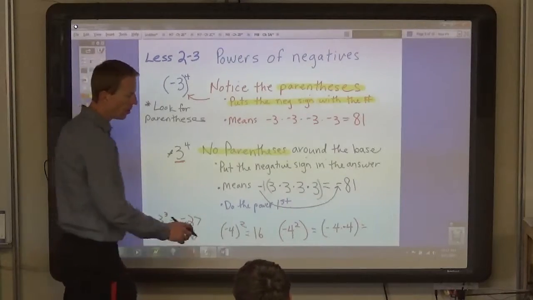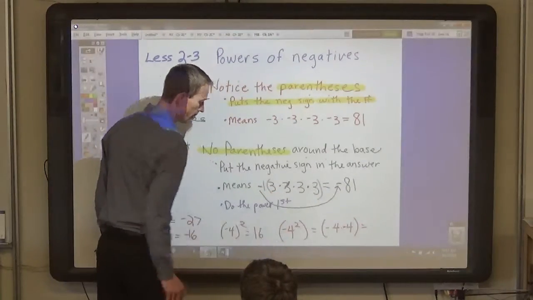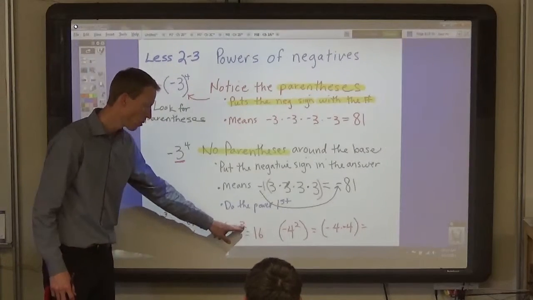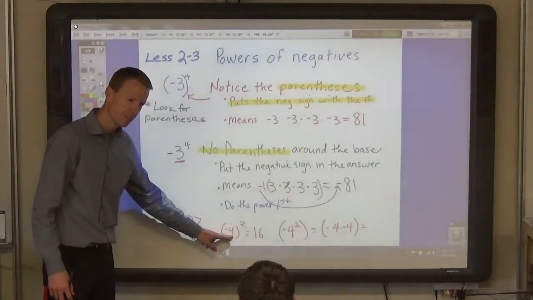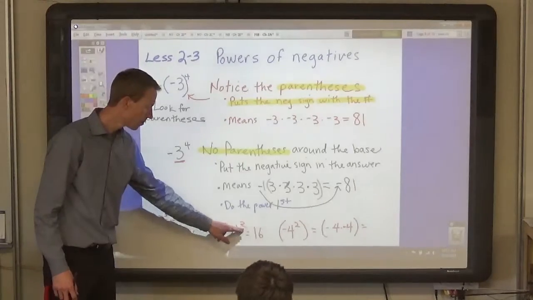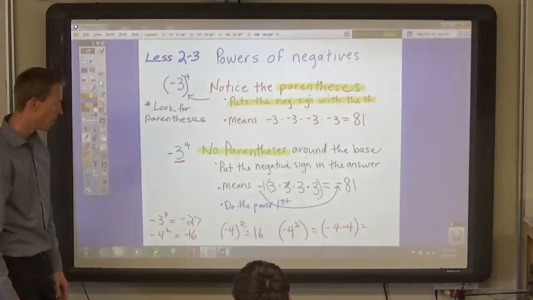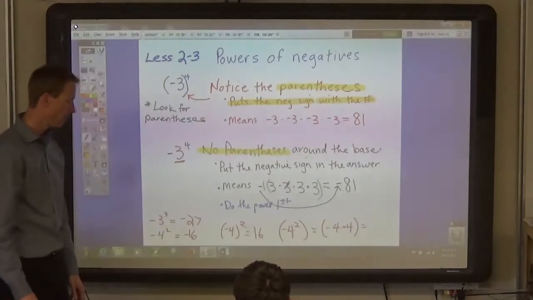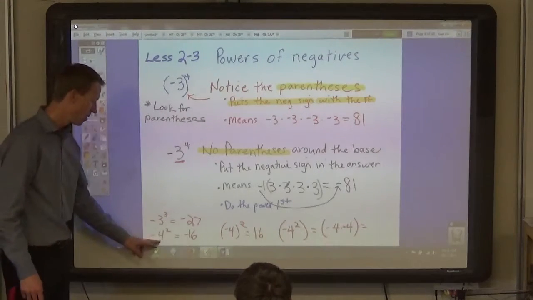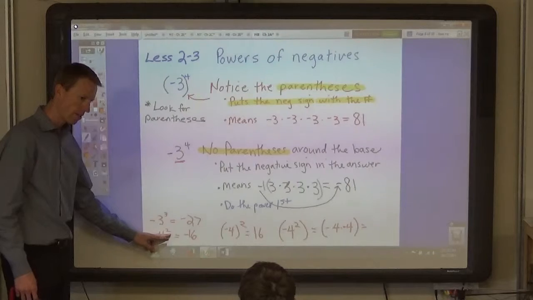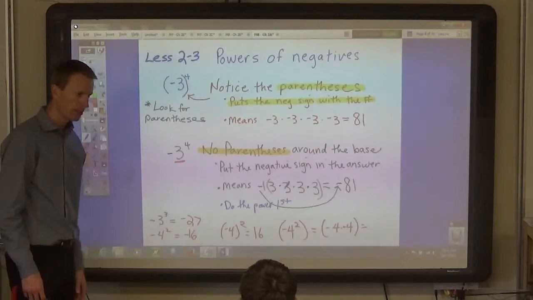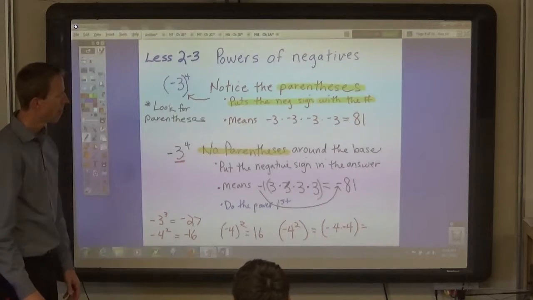It doesn't go with the -3. Like this one does. -4 squared is in parentheses, right? And so both the negative and the 4 are squared to make it positive. But this one, only the 4 is squared. So this is a -4 squared, -16. Right?